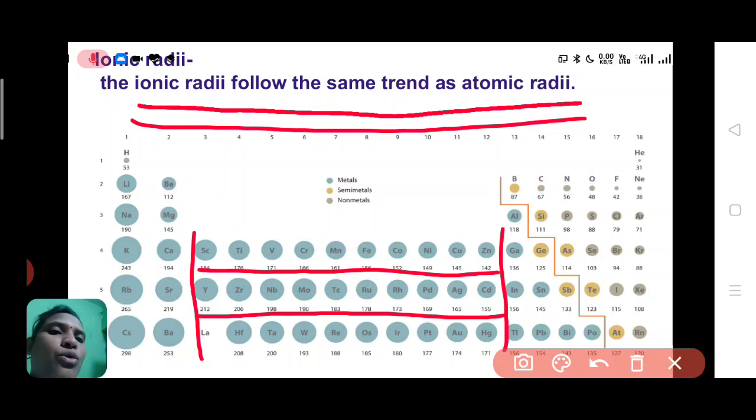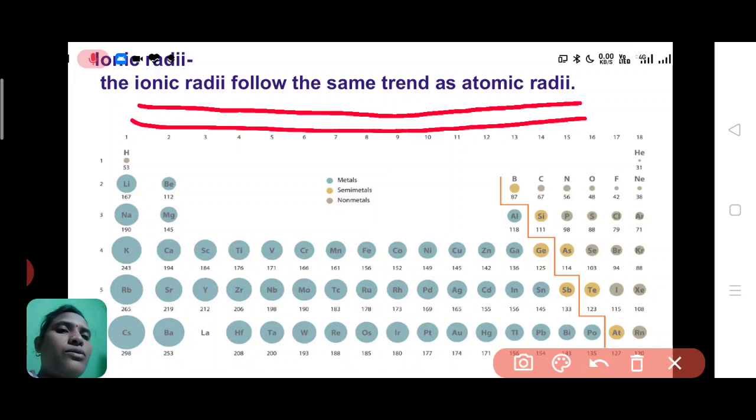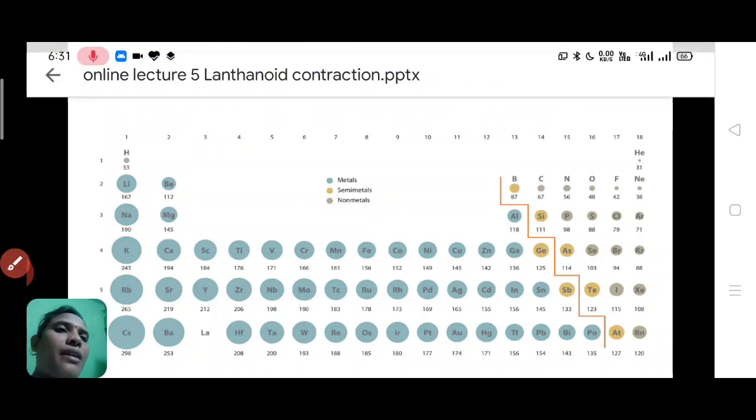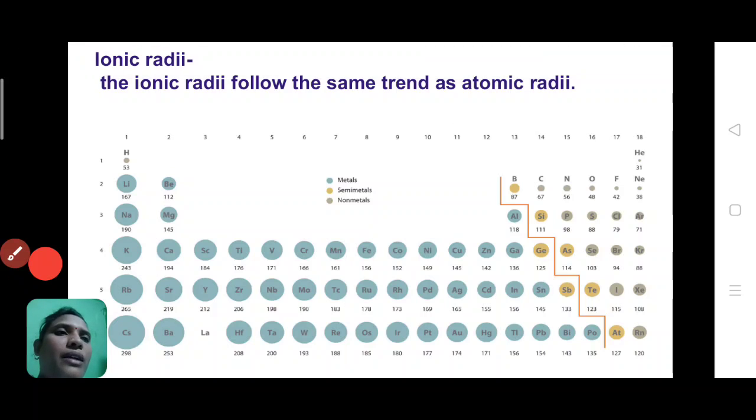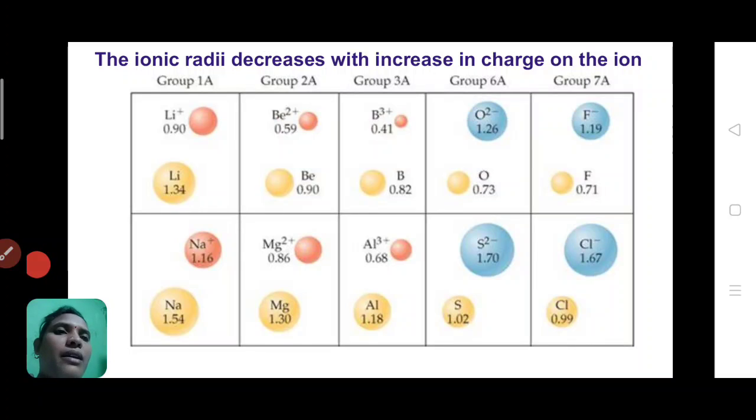And in a group, ionic radii are increasing from top to bottom. Remember, ionic radii decrease from left to right and increase from top to bottom in a group, similar to atomic radii.